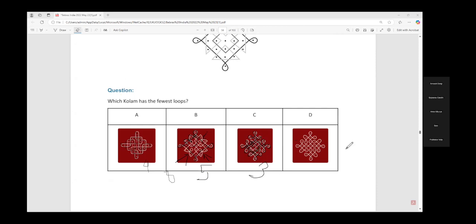And if we look at the last question, in this question, let's try tracing this.